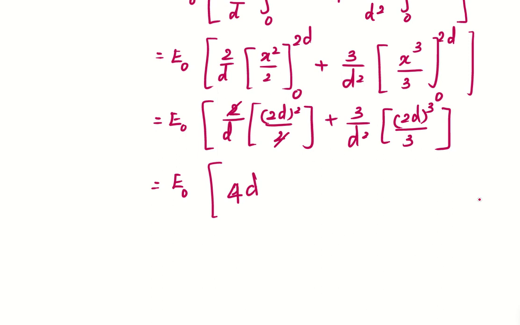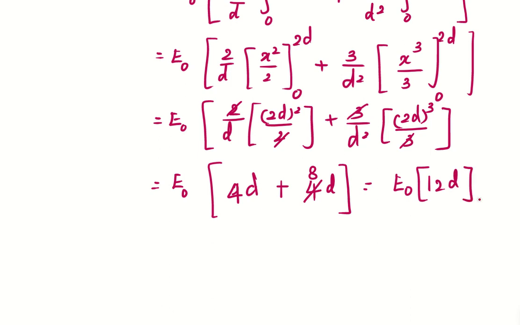We have 4d plus 3 will go away, d squared will go away, so we have 2 cube is actually 8, so we'll have E0 times 12d.